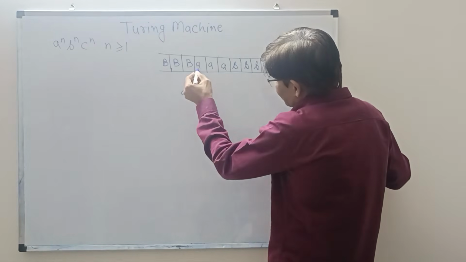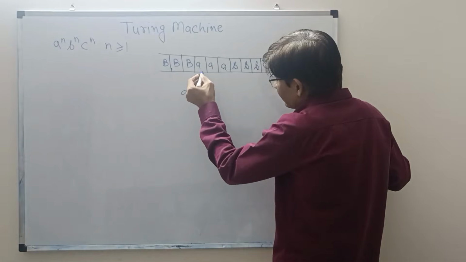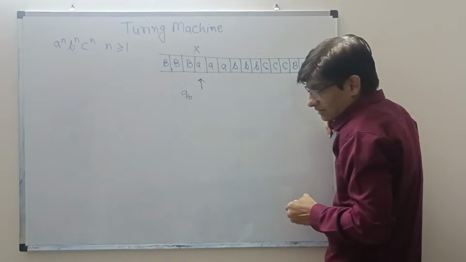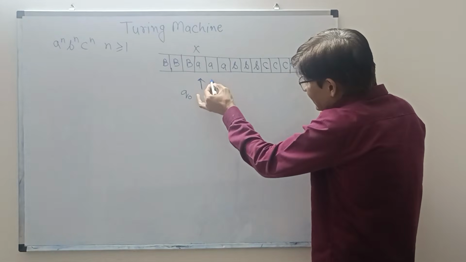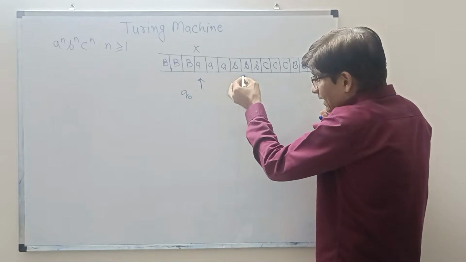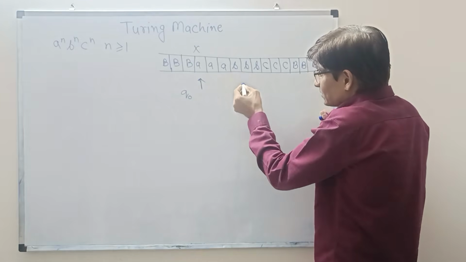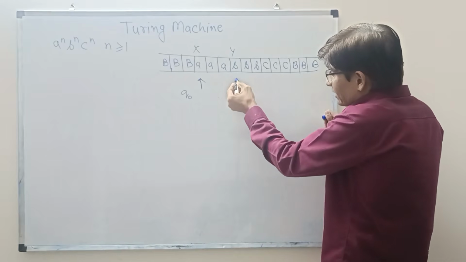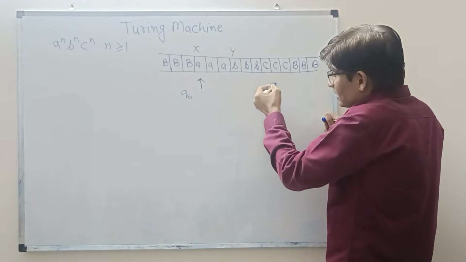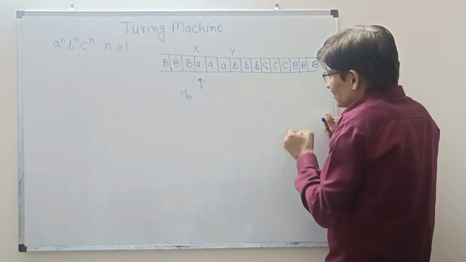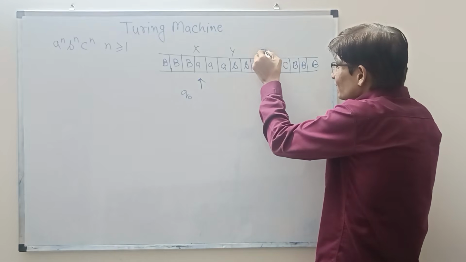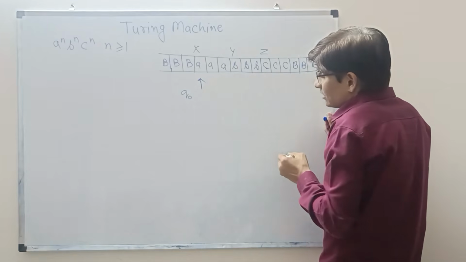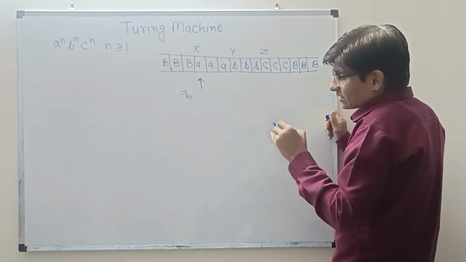At this moment, when you get the first A, you will convert it into X, and you will skip the remaining A's, and then you will search for the first B. When you get the first B, you will convert it into Y, and you will skip all remaining B's, and you will search for the first C. When you convert the first C into Z, you reverse the direction of your journey.